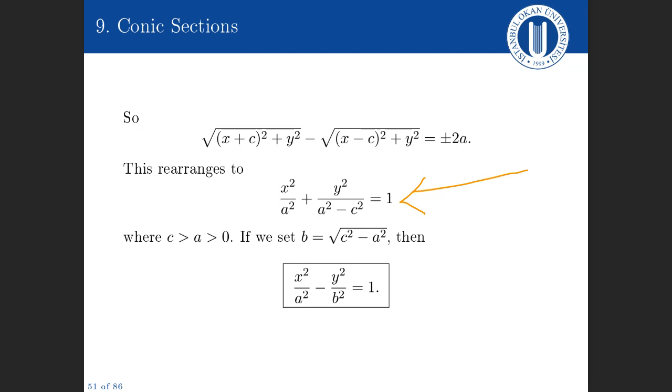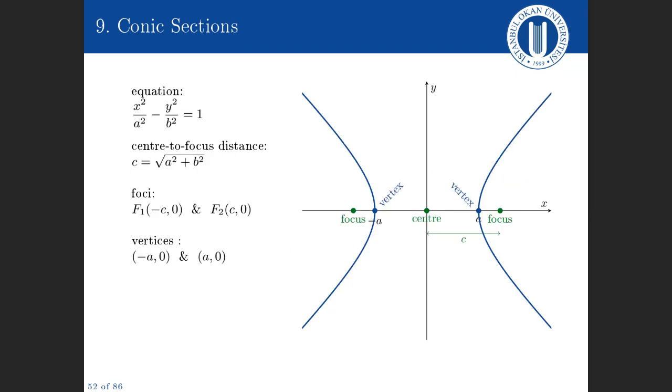This time I'm going to replace the square root of c squared minus a squared by a new number b. And then I have the standard form x squared over a squared minus y squared over b squared is equal to 1. So let's summarize.